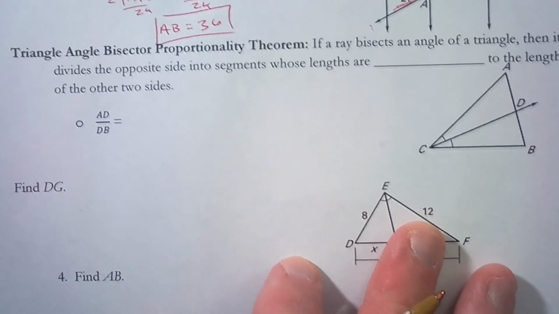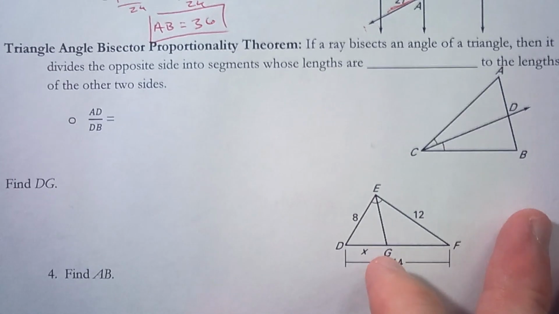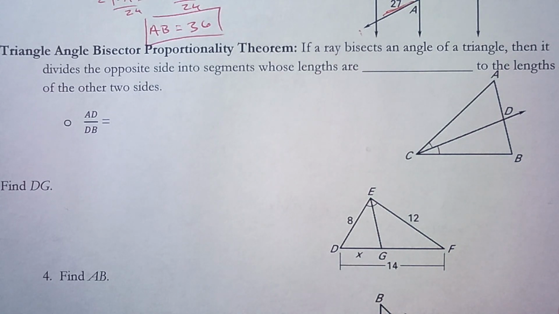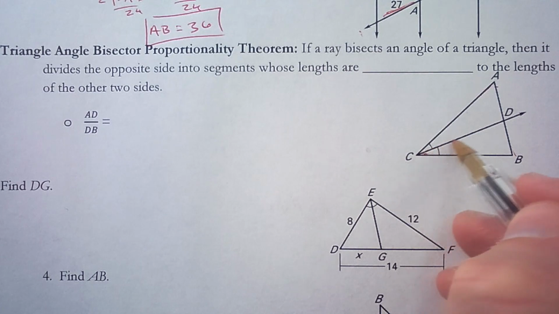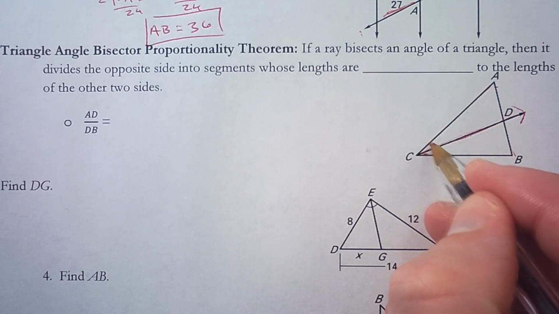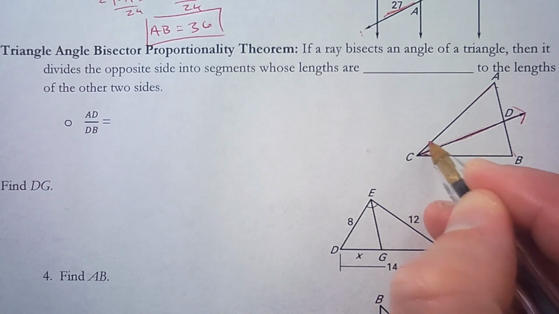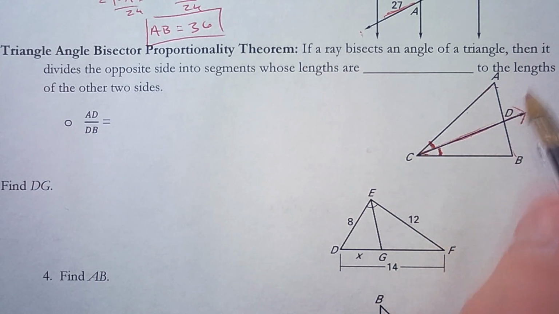And our last proportionality theorem is the triangle angle bisector theorem. If a ray bisects an angle of a triangle, and that's what's happening right here, I've got a triangle, and here's a ray that bisects one of the angles. I know it's bisecting because these arcs tell me that each side is the same size. So this is an angle bisector.